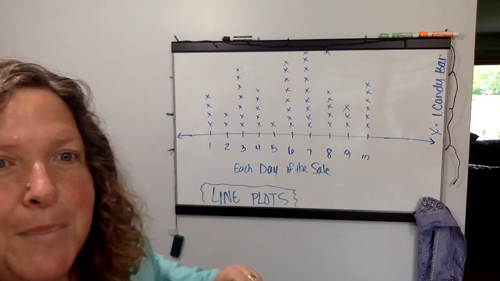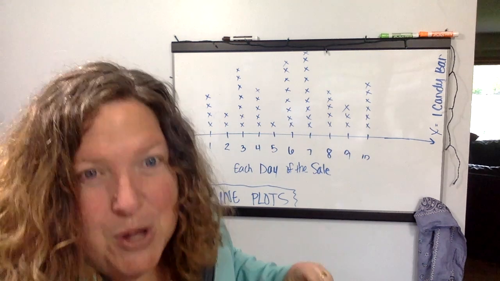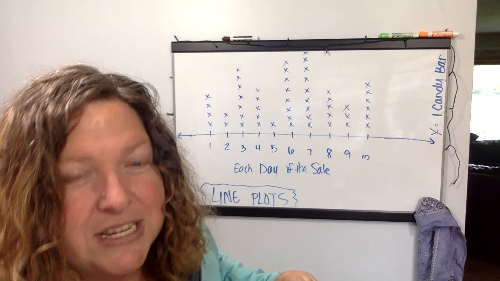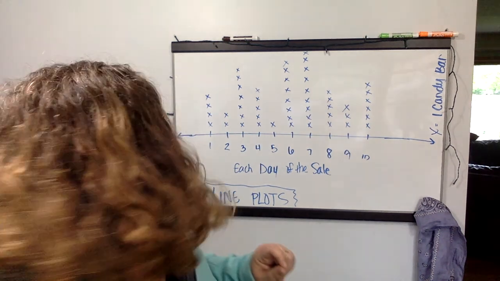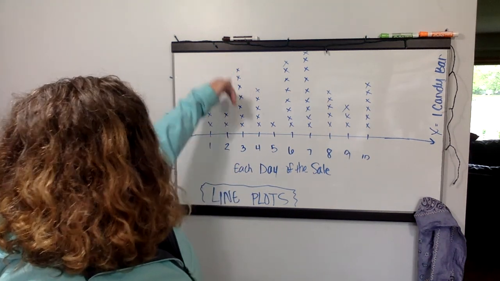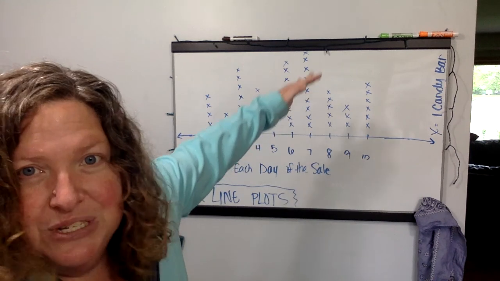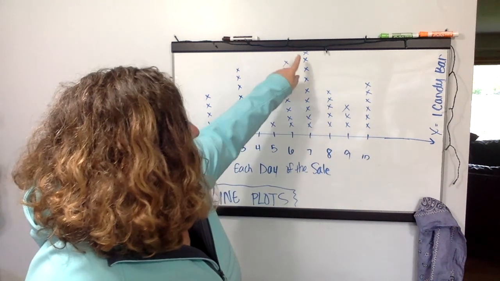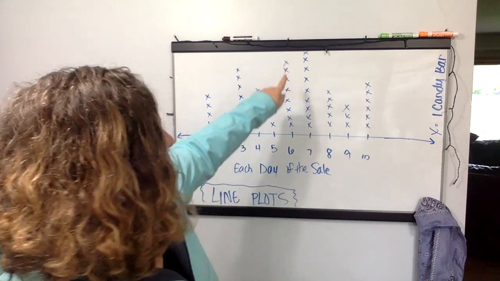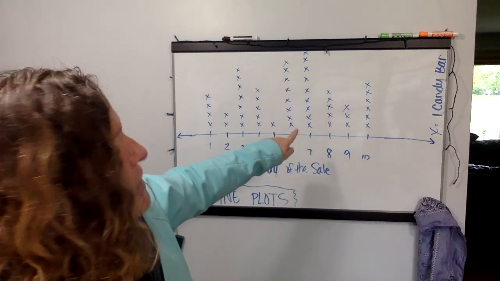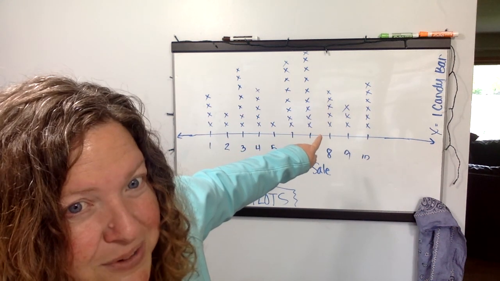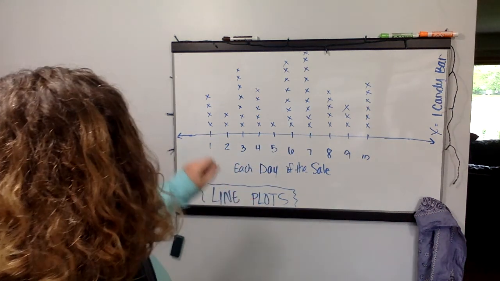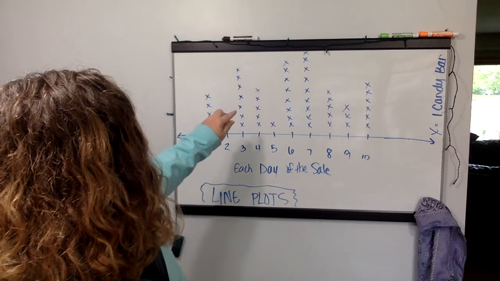What about the mode? The mode is which one occurs most often. Which data point occurs most often? Well, again, when we look, it's easy to tell which one has the most. 7. There's the most. That was the number that was highest. But don't let that trick you. That's not the one that occurs most. Is there any number that occurs more than once?